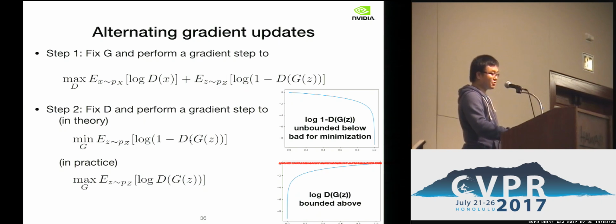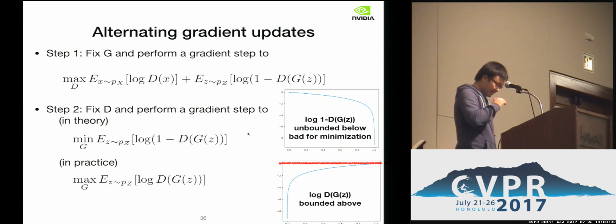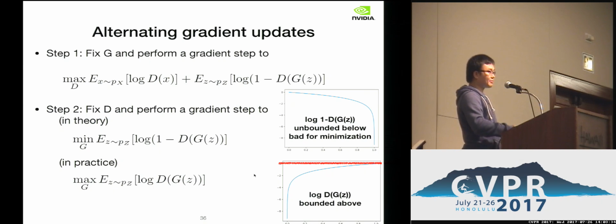Of course, this is different from the previous objective, and it turns out that the bottom one is a better objective function to maximize. We can understand this property from this figure. The figure on top is the first objective function, and it has this shape.